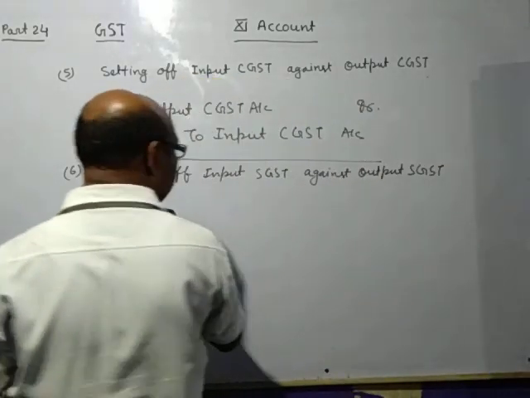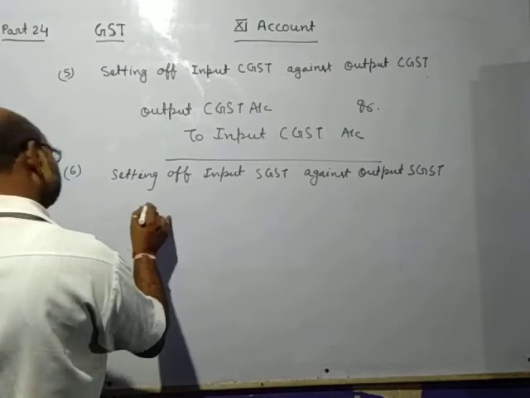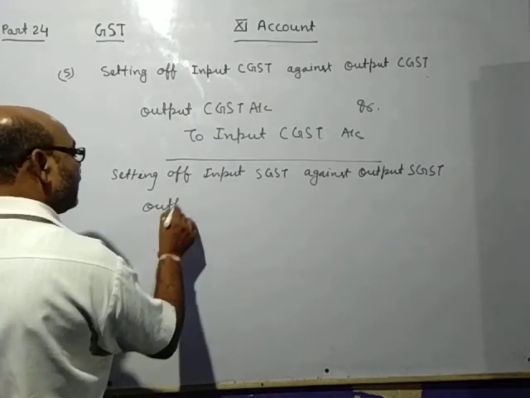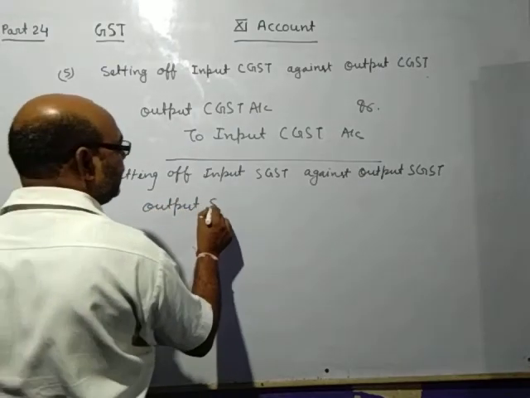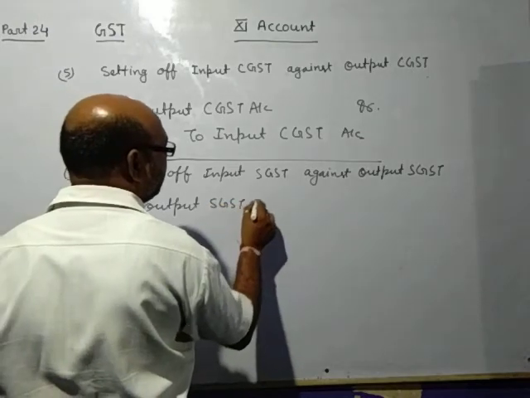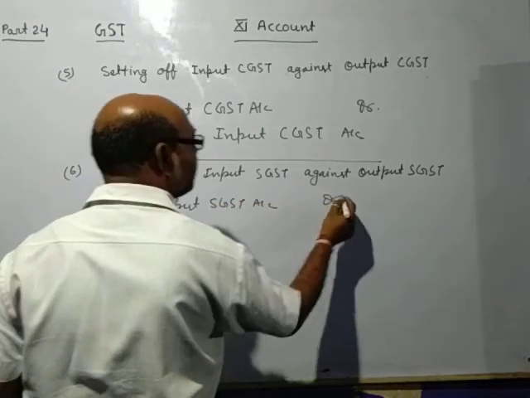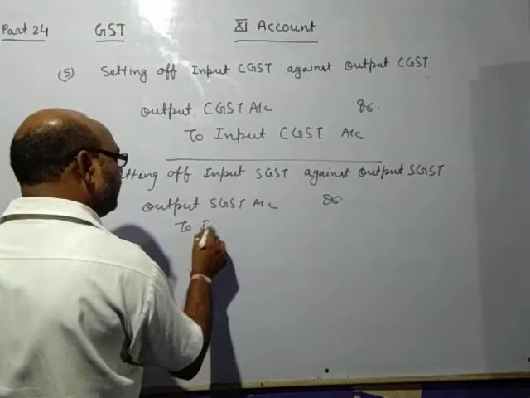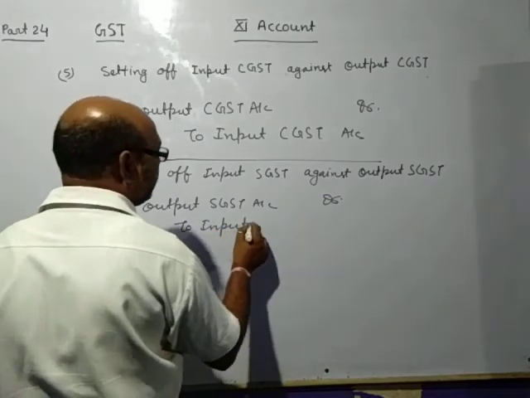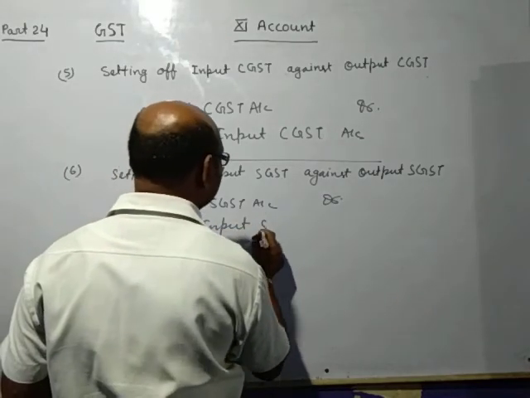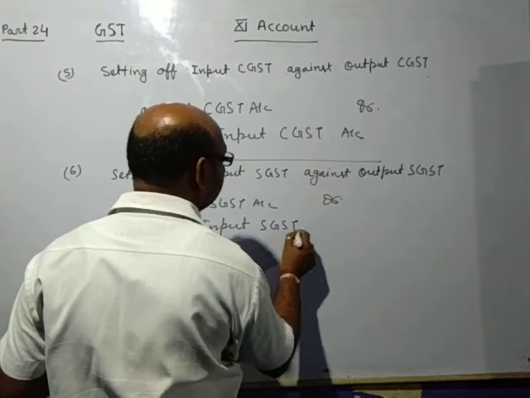So you will pass the entry: output SGST account debit to input SGST.